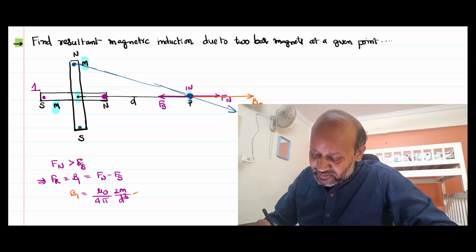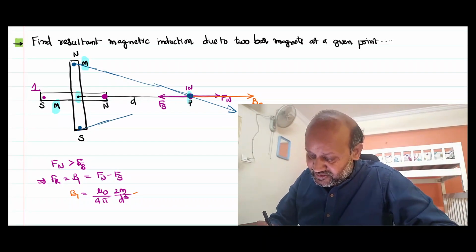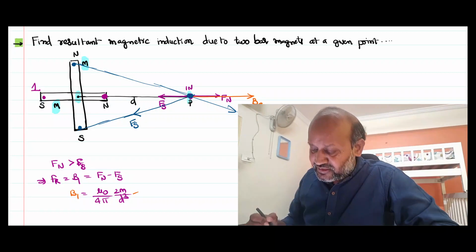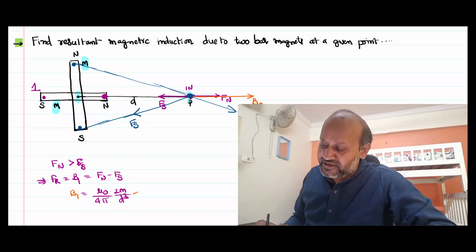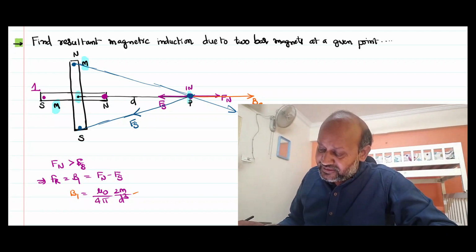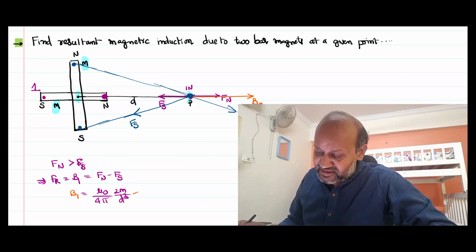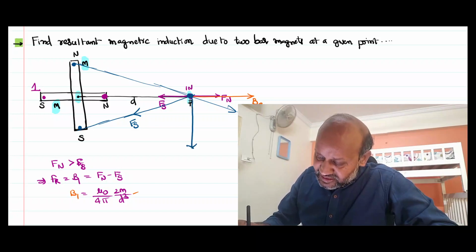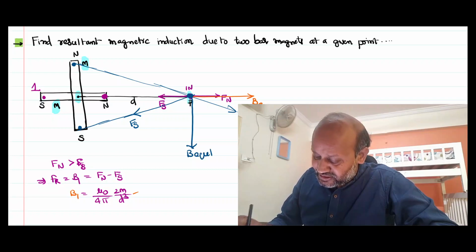On this north pole, this south pole applies a force of attraction towards this direction. They have a certain angle between them. As these two forces are identical in magnitude because the distances are the same, the resultant is exactly in between them. So this is the direction of B, which is called B equatorial.